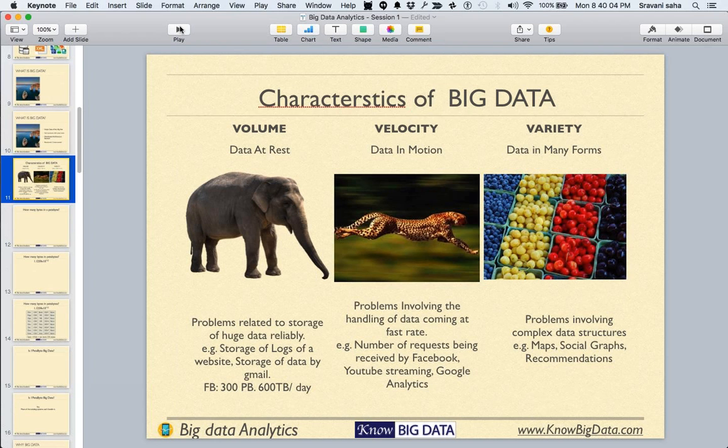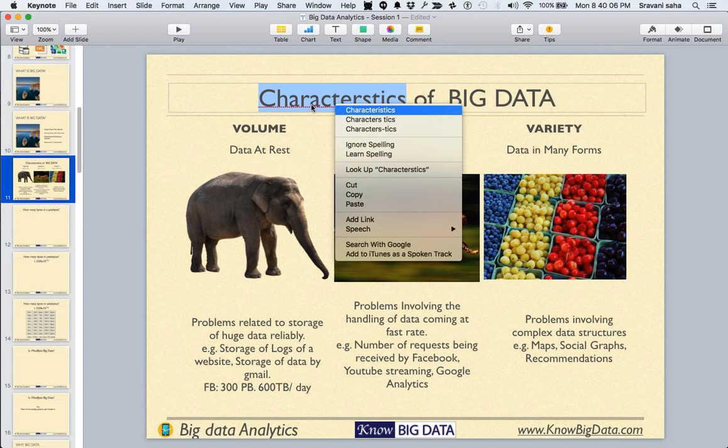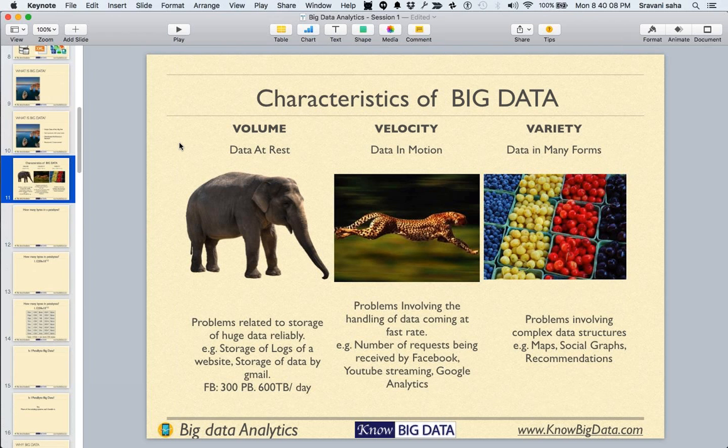All right. So here are the characteristics of data. Data could be big by virtue of three parts. Although there are many more V's to it, we will not go into those V's. We will just stick to those three V's and try to describe what we mean. And when we talk about analytics, we talk about the third angle of the data, which is variety. You will see that soon. All right.